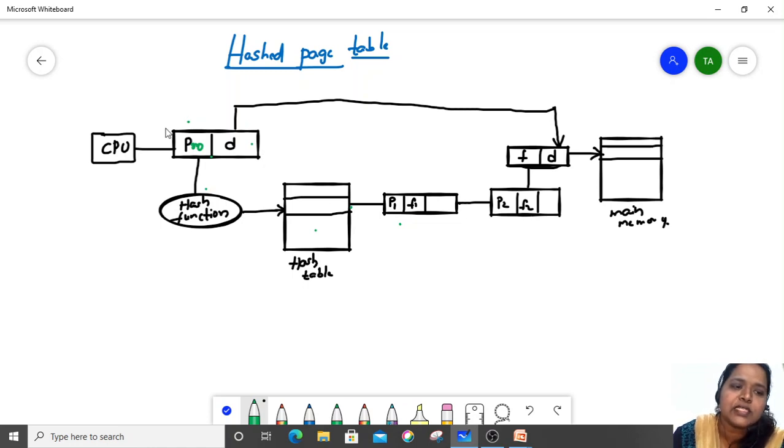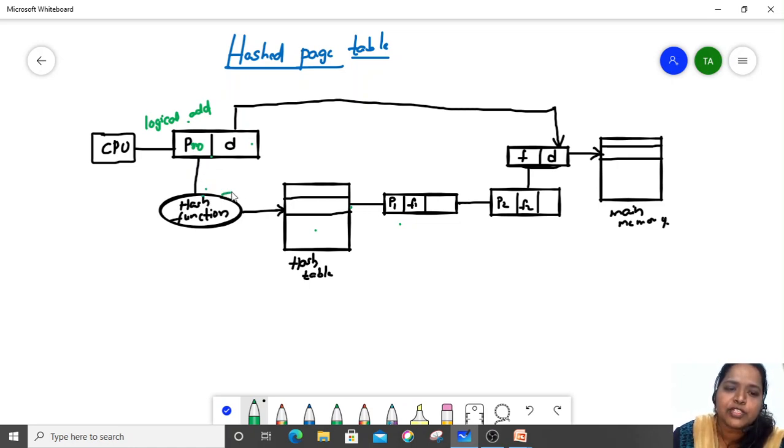First, the CPU generates a logical address. This logical address is divided into two: the first is the page number and the second is the displacement. The CPU generated page number is given to the hash function.